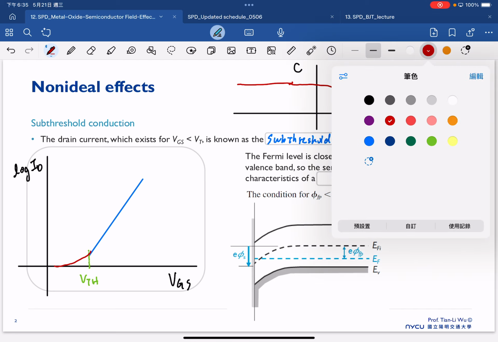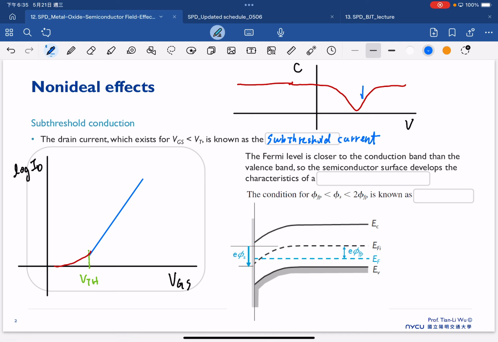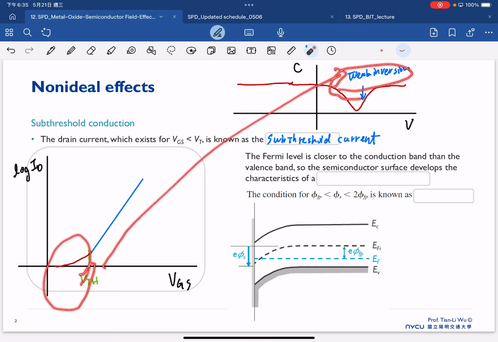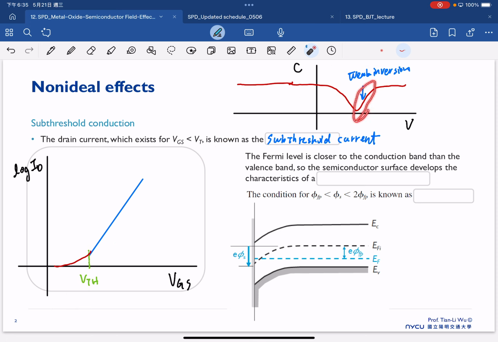But there's a region here which we call the weak inversion. So this subthreshold region that still has current is also related to this weak inversion region. The CV characteristic already suggests that even when you start to have weak inversion, you might have current flow in the transistor.